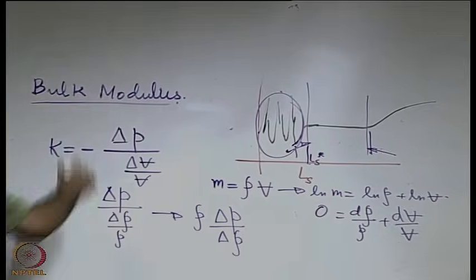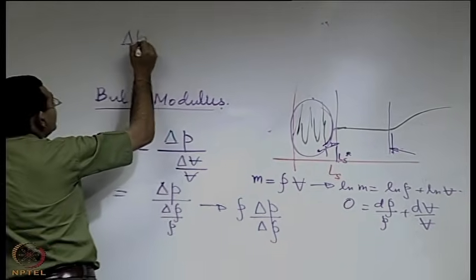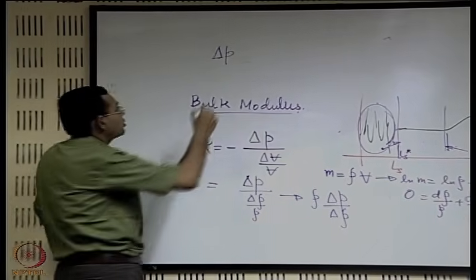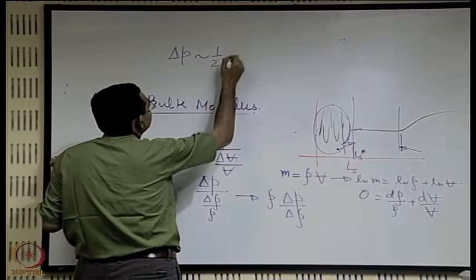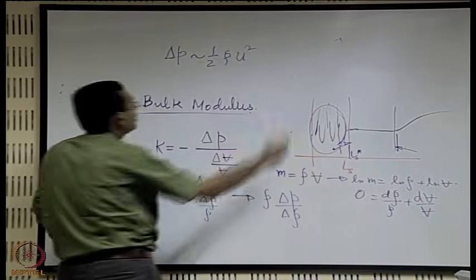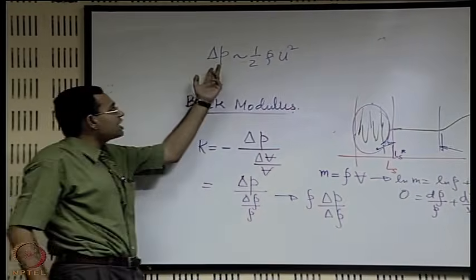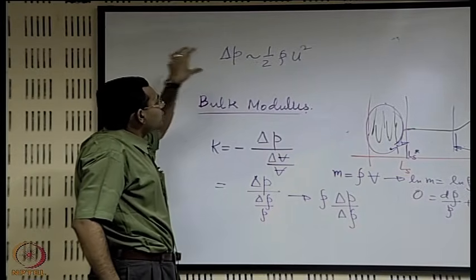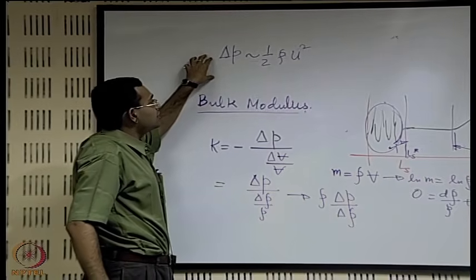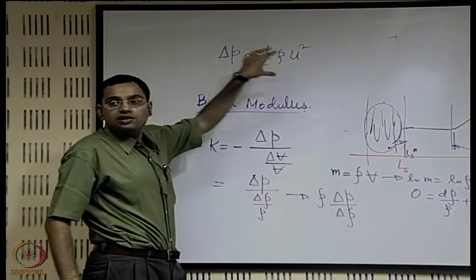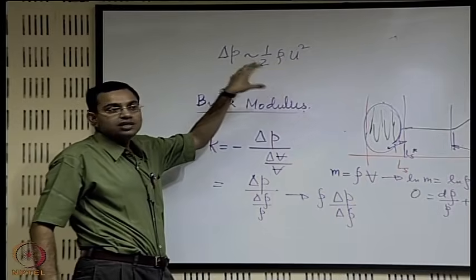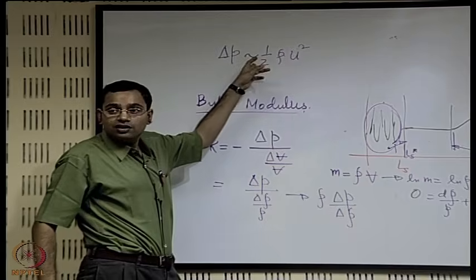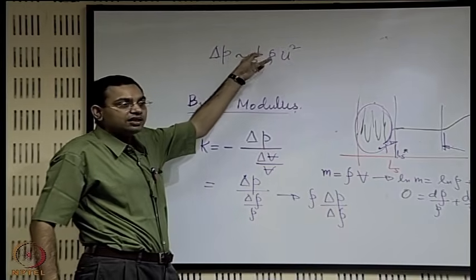Now we can relate delta P with the velocity of flow. In an order of magnitude sense, the delta P and the velocity of flow, this is just like if you consider that there is an equivalent pressure change which is brought about by the change in kinetic energy of a fluid which is moving with a velocity u. Then it is not that they are exactly equal, it is just to say that one scales with the other in this way.